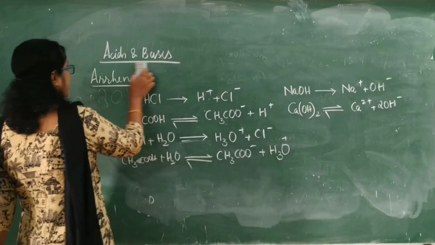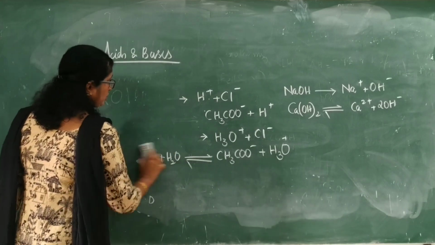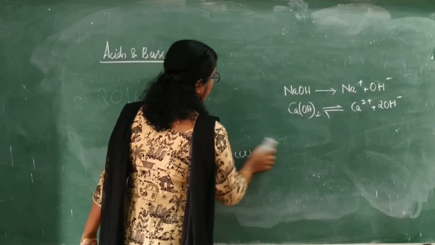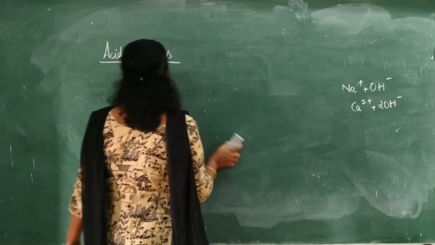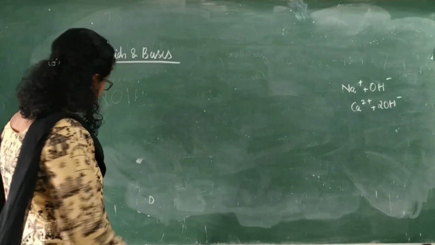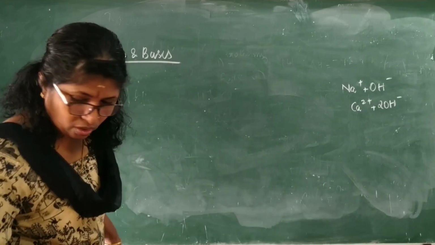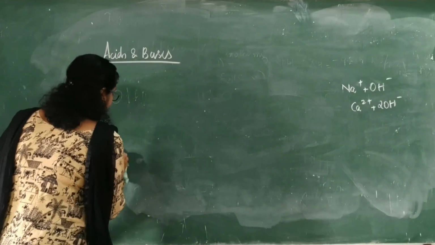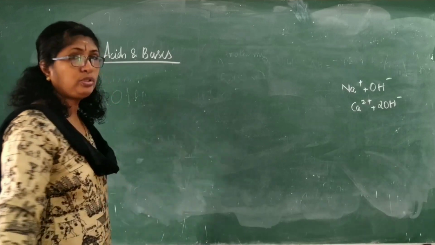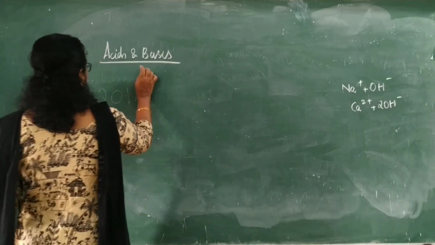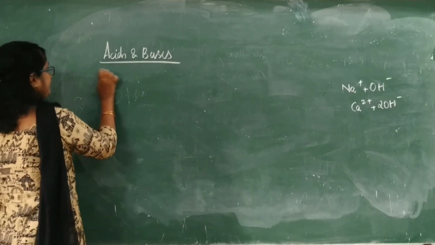Now after this comes the Lowry-Bronsted concept. According to the Lowry-Bronsted concept, acids are proton donors and bases are proton acceptors.